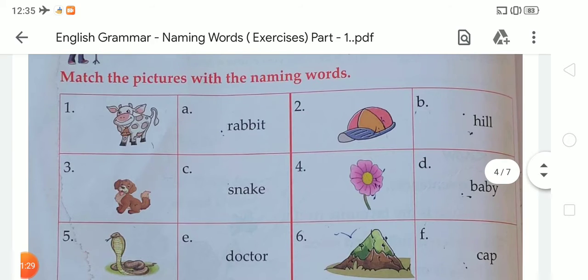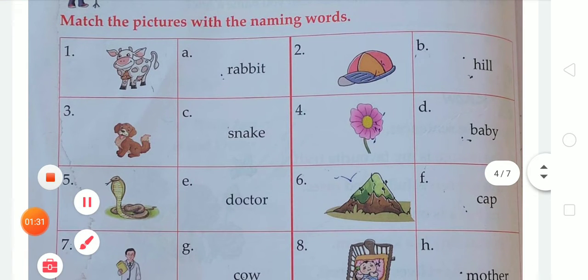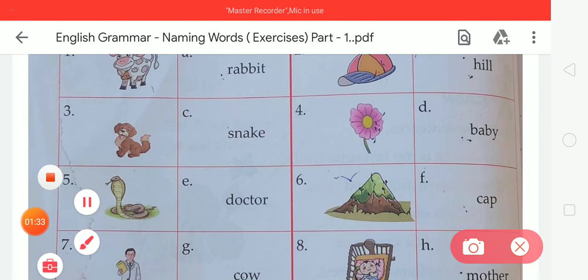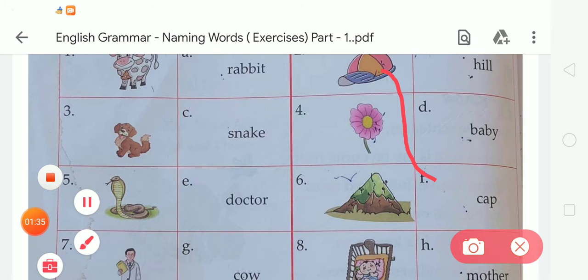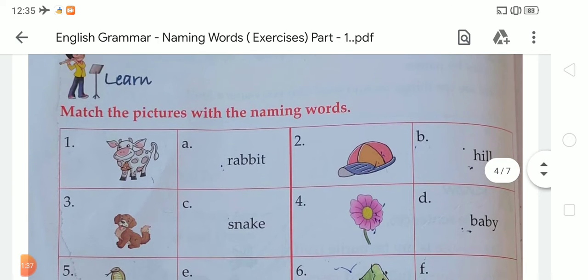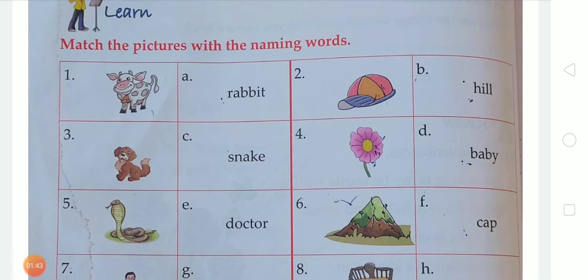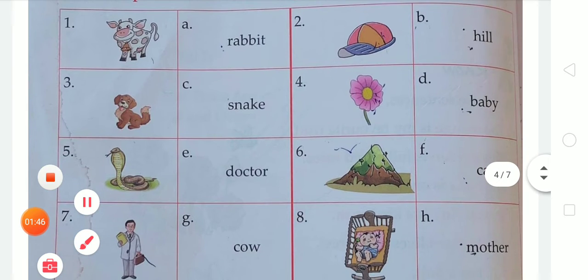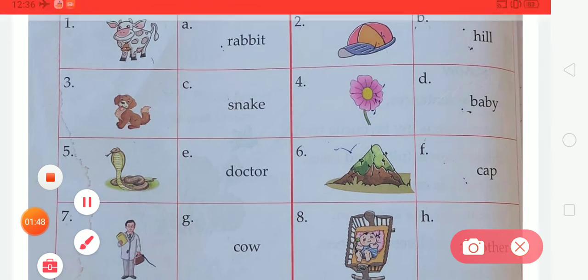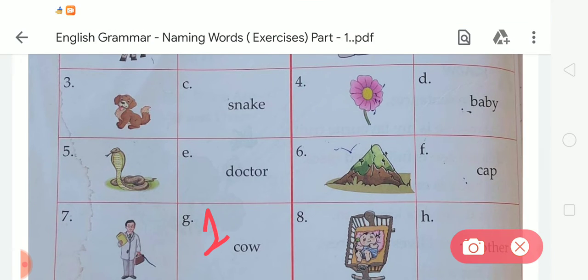Now next, in number 2 there is a cap, so we have to match it with F. Like this we have to complete all the given match the picture with naming words exercises. So we have to write G for number 1 and F for number 2. Now the next, number 3, what is this?